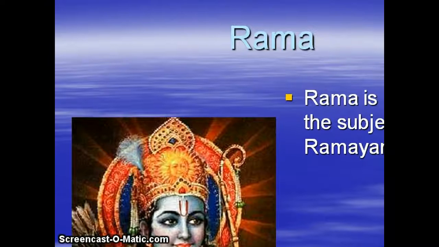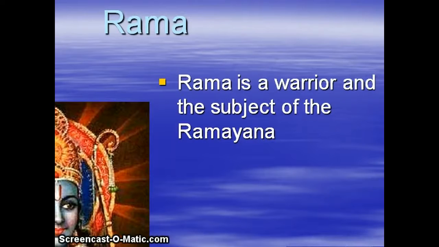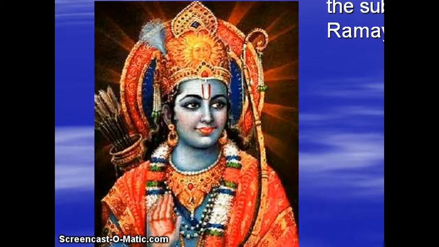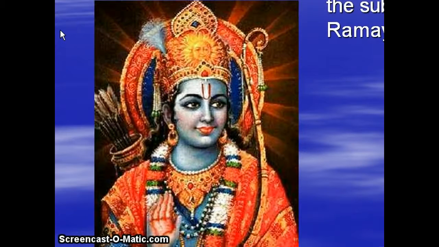Rama is a warrior, and he's the subject of the Ramayana. The Ramayana is a very long work, but Rama's father is tricked by one of his wives into sending Rama into exile, and Rama, being the dutiful son, goes into exile.